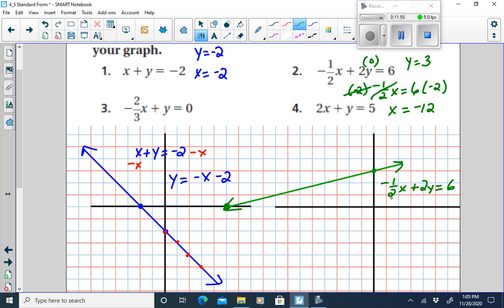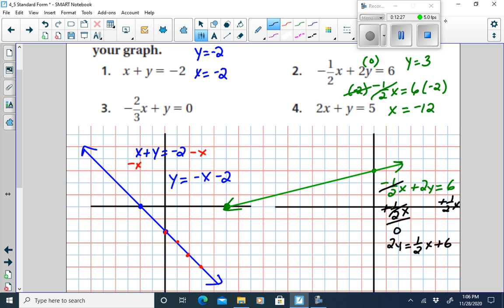If I'm rewriting that in slope-intercept form, right, get y by itself, first I'd have to add 1/2 x, right, to both sides of the equation. Add 1/2 x. That's going to give us what? That's 0. That's going to give us 2 times y is equal to 1/2 x plus 6.